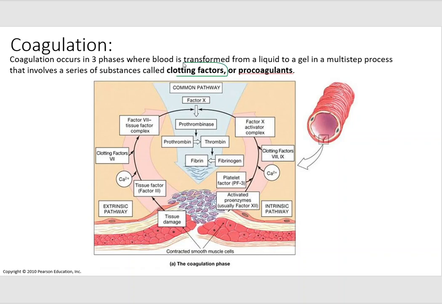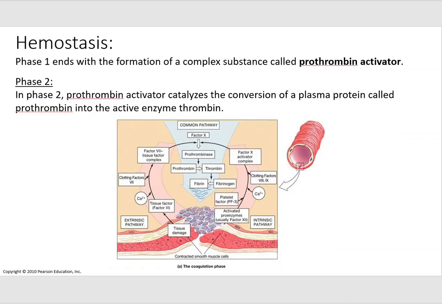We have chemicals called clotting factors, procoagulants, and they're going to eventually cause fibrinogen to be changed to fibrin. Phase one of this coagulation is going to be prothrombin activator. And in phase two, the prothrombin is actually going to change into thrombin.